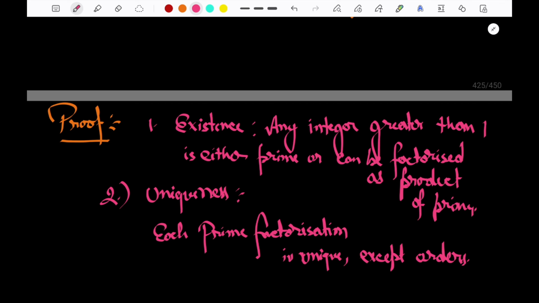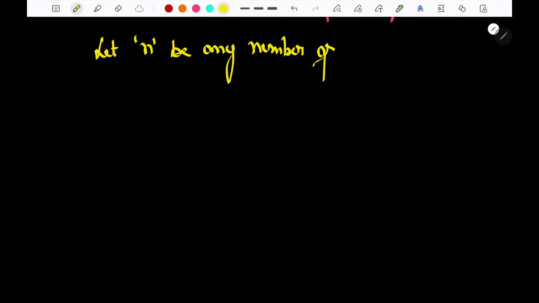Okay, so let's see. Suppose n is any number greater than 1.